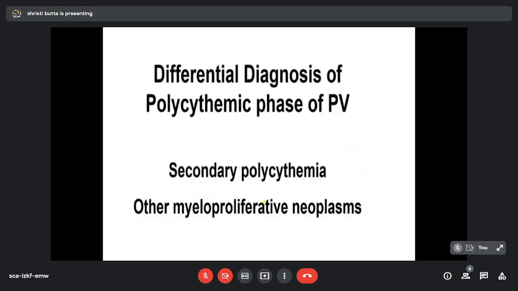Now coming to the differential diagnosis of polycythemia vera, this polycythemia vera must be distinguished from secondary polycythemias. It is very important to differentiate it from secondary polycythemia. In addition, it should also be differentiated from other myeloproliferative neoplasms.